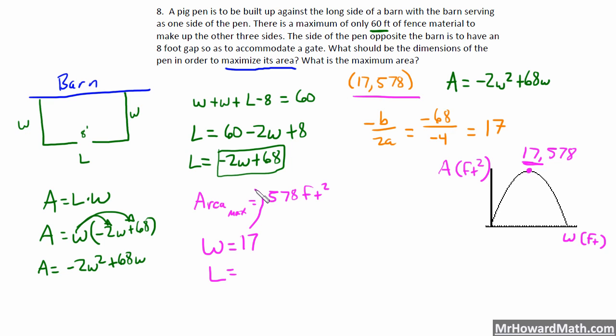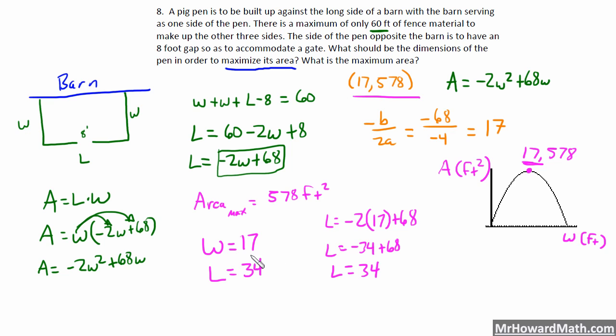So we need to sub in that 17 right there. So that's negative length equals -2 times 17 plus 68. So length equals -34 plus 68. So that's going to give me a value of 34 if I work that out. Okay, you can check me on that, but it should be right.